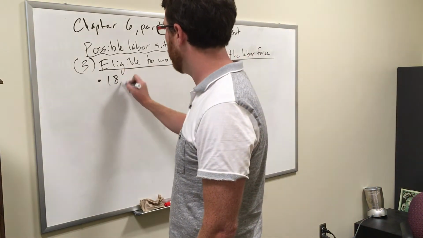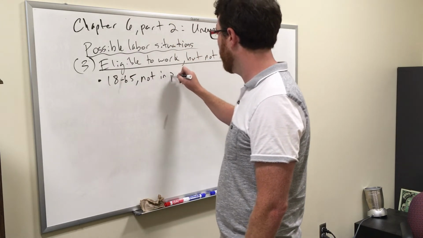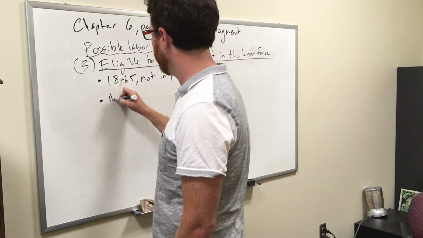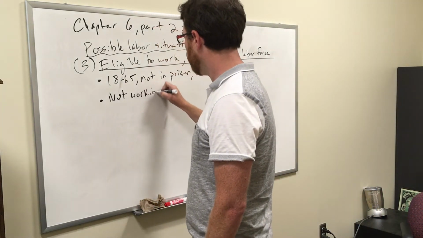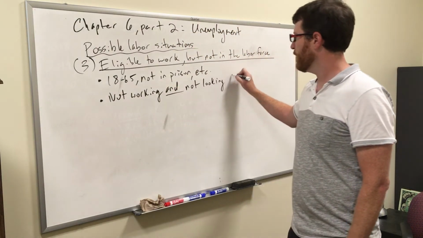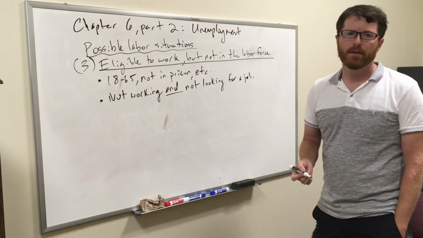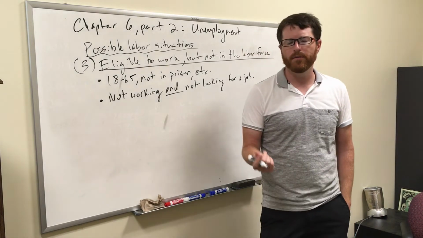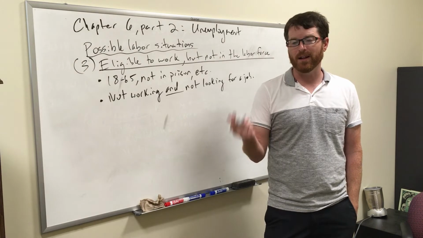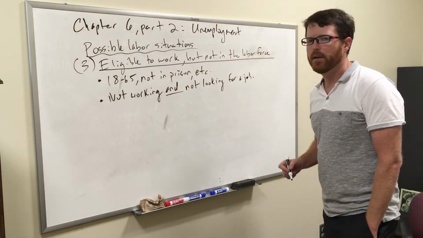So you're like 18 to 65, not in prison, etc. But you are not working and not looking for a job. So this could be the person that retires early, right? That person is not employed or unemployed. If they retire early, they're not employed because they're not working, and they're not unemployed because they're not looking for a job. So these would be the people that are eligible to work but choose not to.